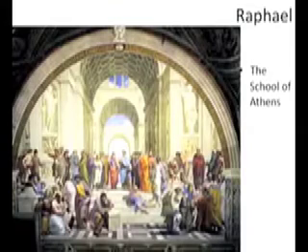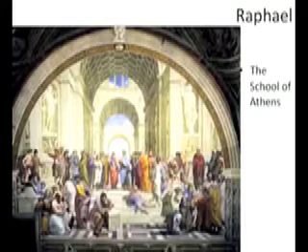Here's another famous painting by Raphael, The School of Athens. If you look in the middle there, it's supposed to be Aristotle on the right and Plato on the left, with Aristotle pointing down and Plato pointing up, because Plato was more concerned with the things above and how everything is a form, and the real thing is something above, an ideal, whereas Aristotle was more interested in the things of this world.